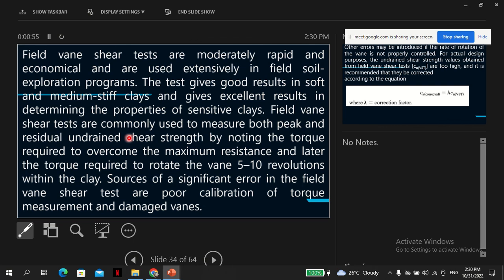Field vane shear tests are commonly used to measure both peak and residual undrained shear strength by noting the torque required to overcome the maximum resistance, and later the torque required to rotate the vane 5 to 10 revolutions within the clay. Sources of significant error in the field vane shear test are poor calibration of torque measurement and damaged vanes.